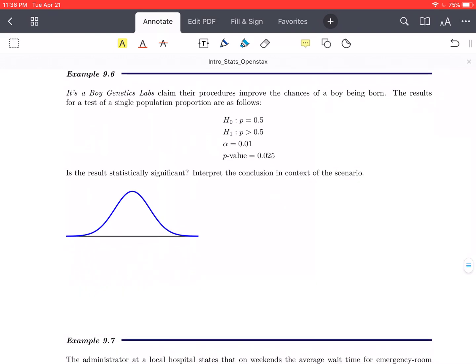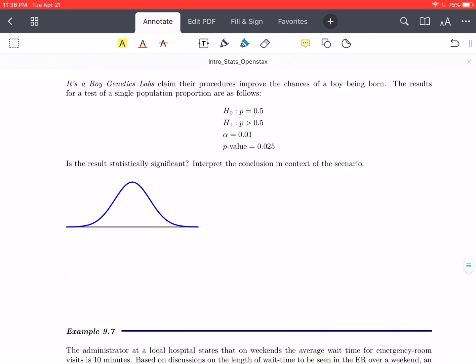It's a Boy Genetics Labs claims their procedures improve the chances of a boy being born. The results for a test of a single population proportion are as follows. The probability of getting a boy is 0.5, boy or girl. But their alternative hypothesis is that the probability of getting a boy with their procedure is higher than 0.5.